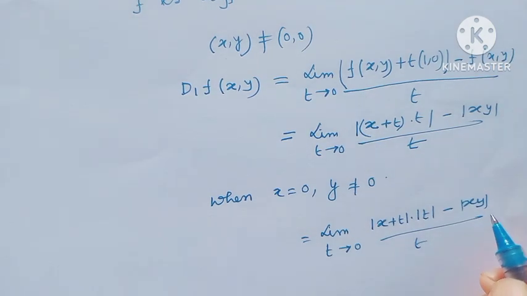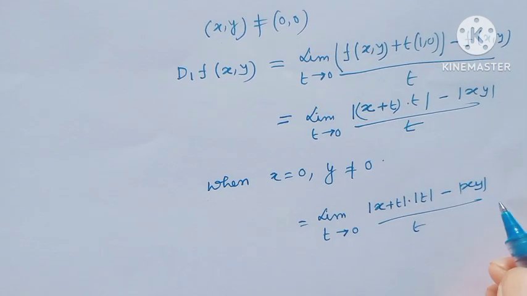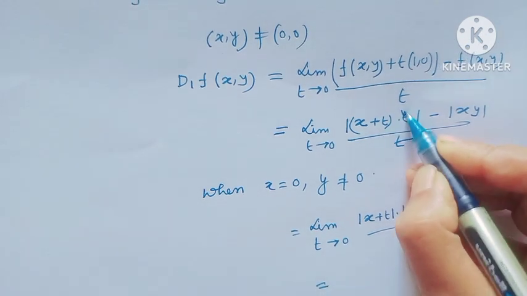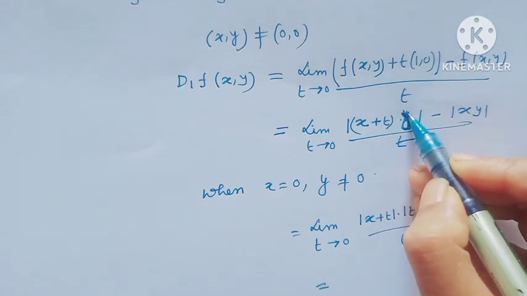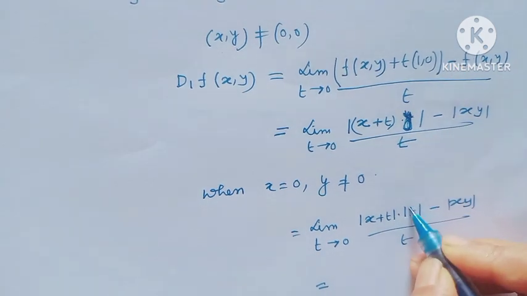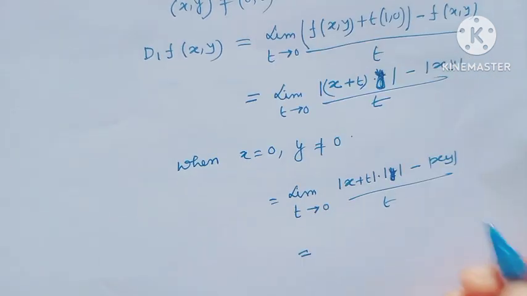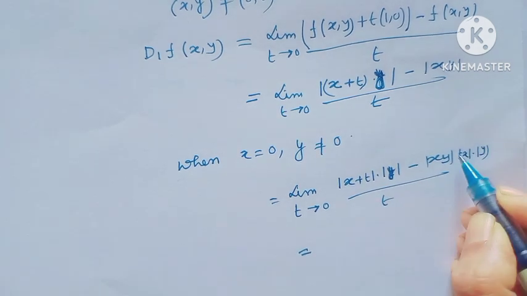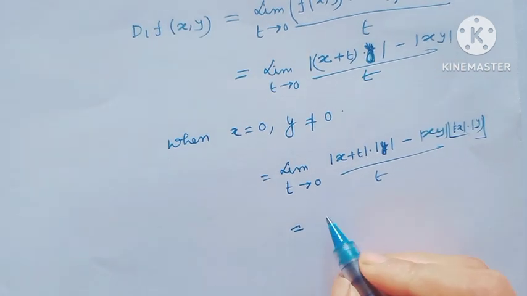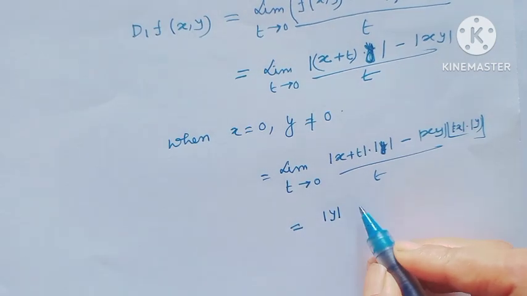If you put x equal to 0 but y not equal to 0, sorry, this would be y. Here x plus t and this would be y. This means mod of x times mod of y. So just take common mod of y on both sides.